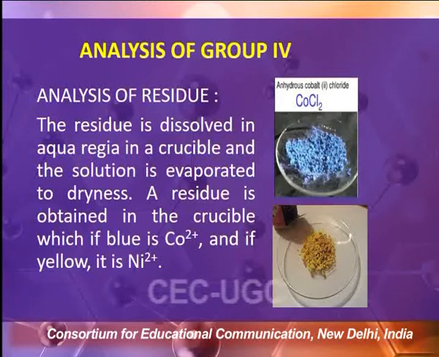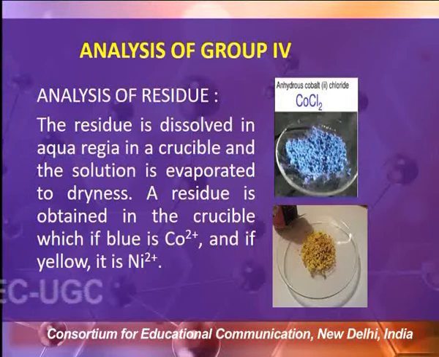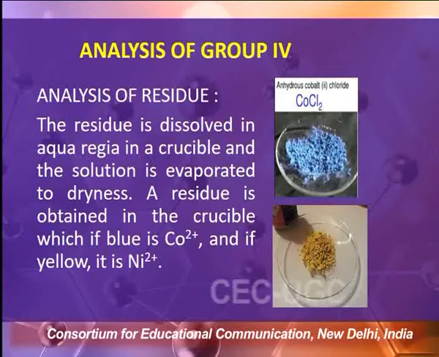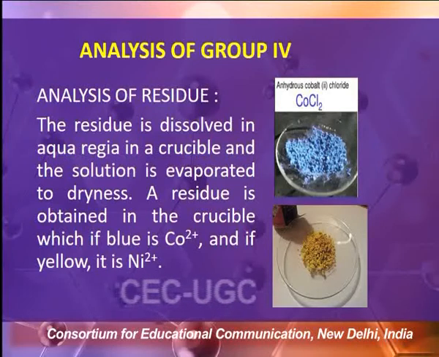Coming to the residue part, the residue which is black in color might have cobalt as its sulfide and nickel as its sulfide. So how to find out which of them is present? The residue is dissolved in aqua regia in a crucible and the solution is evaporated to dryness.